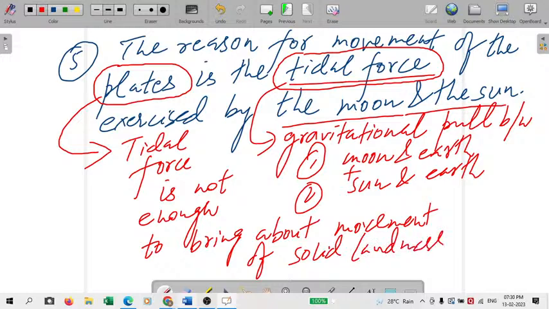And critics were right also, that tidal force does move the water. Night time you see high tide, daytime you see low tide, but it is certainly not enough to move a heavy and dense mass like a landmass. Landmass is composed of solid. So tidal force is not enough. So this was the argument of the critics.